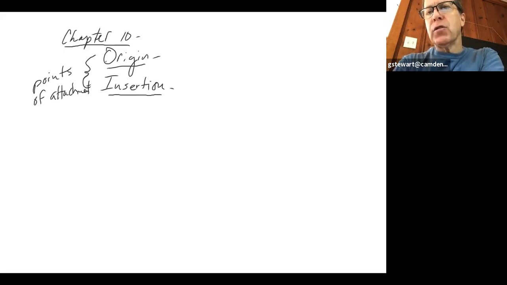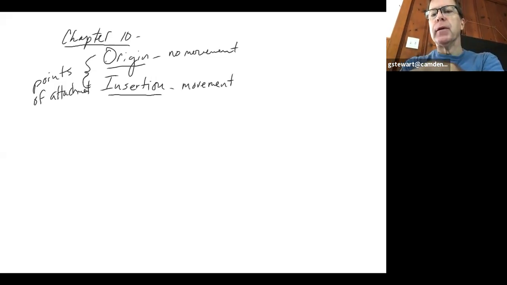When the muscle contracts, there is no movement at the origin. So I just wrote no movement. The insertion is the point of attachment or attachments where there is movement when the muscle contracts. So I'm just going to give you a quick example, because this one's easy for us to identify.